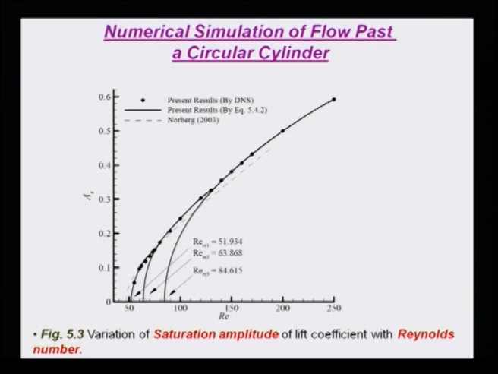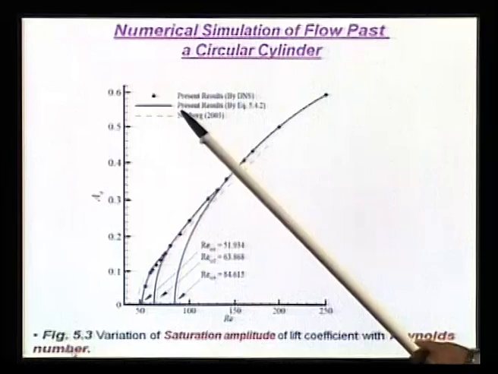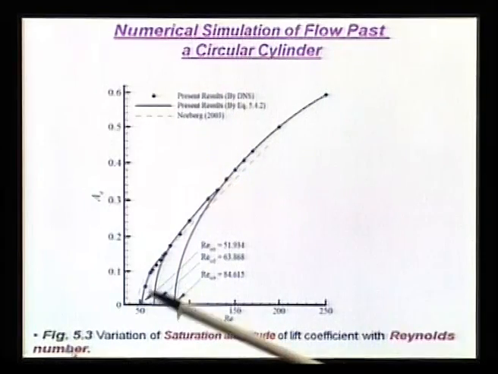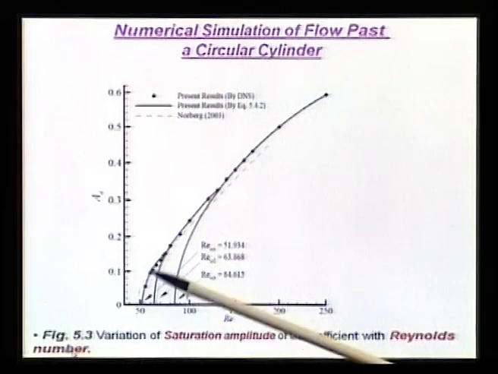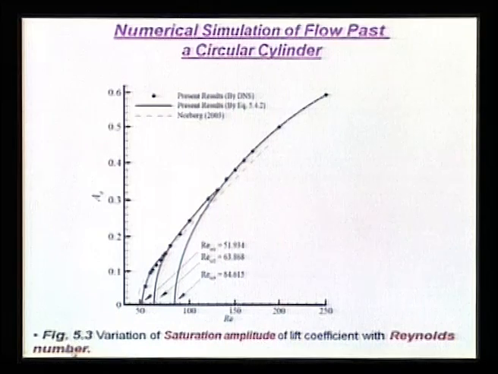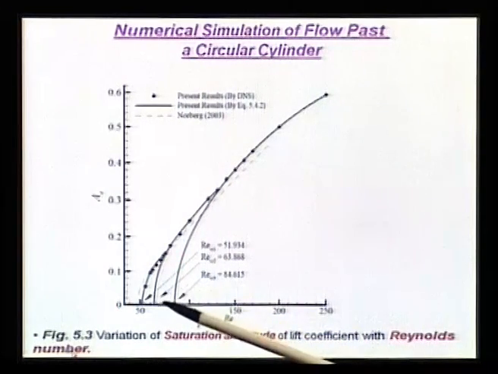If we do numerical simulation and put in also a correlation that was proposed by Norberg, shown by the dotted line, this is what we get when we actually numerically solve the Navier-Stokes equation. These discrete points are computed solutions. And what we are seeing here is basically 3 different qualitative parabolas.